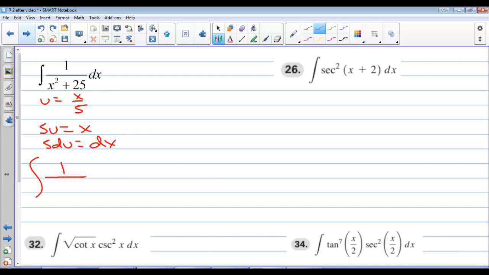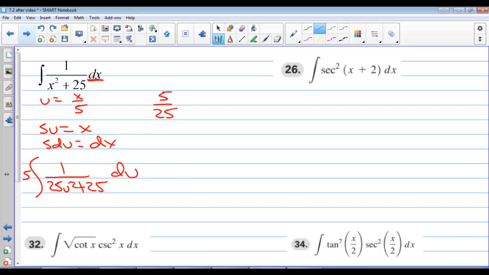We have 1 over 25u squared plus 25. That allows me to factor out that 25. That's the trick. And this dx becomes 5 du. And I try to pull all constants out if we can get that accomplished. So we have 5 over 25.